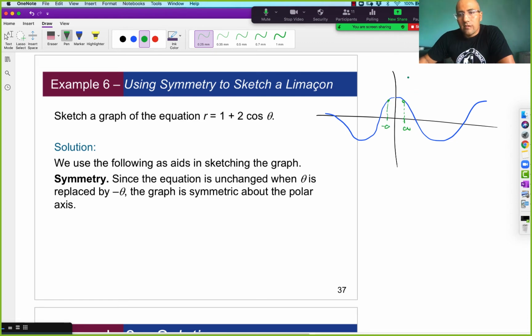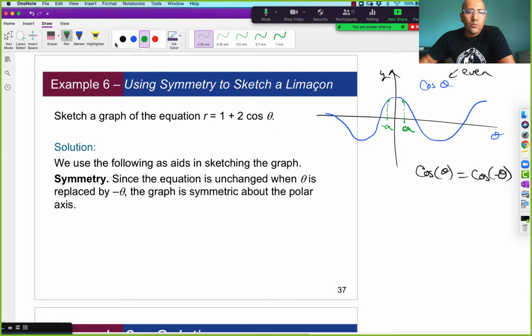We said that cosine is even. Cosine of theta is even, right? So that means that cosine of theta is equal to cosine of negative theta. Whether you type in the angle or negative that angle, either way, you get the same output.